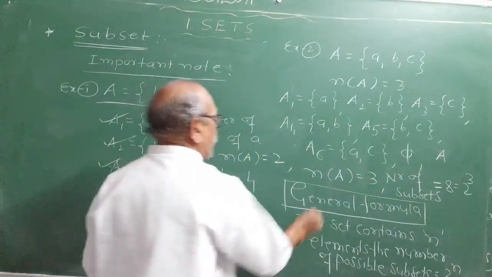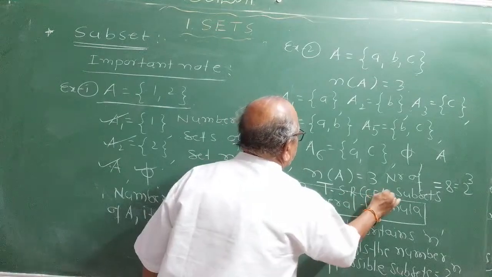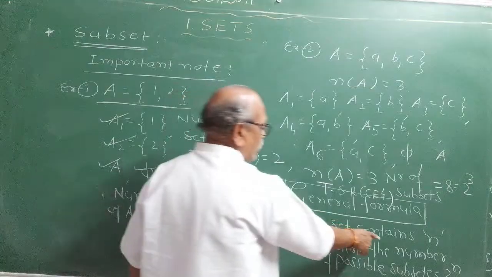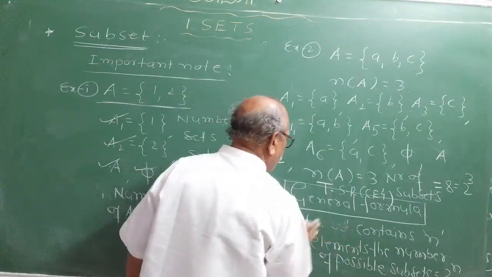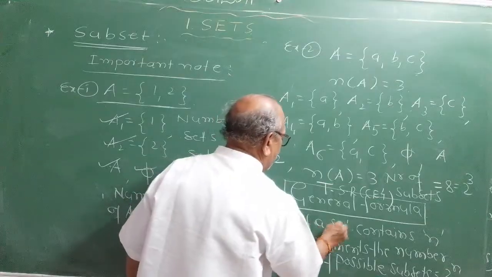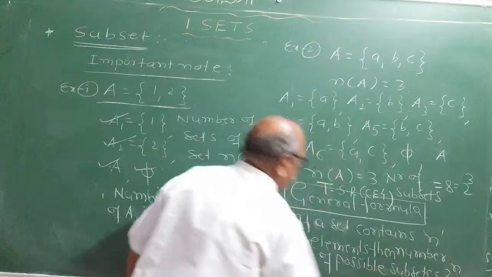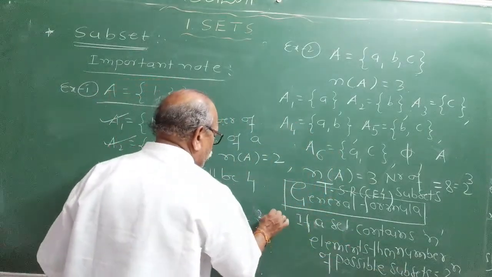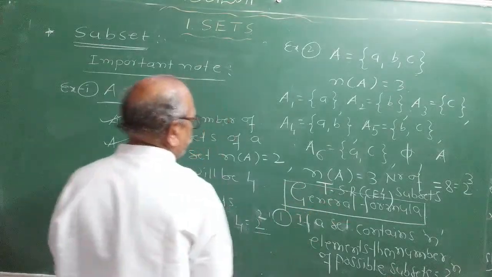Remember this time saving result for CET competitive exams. If a set contains n elements, then the number of possible subsets is equal to 2 raised to n. Remember this note 1, very important for CET.